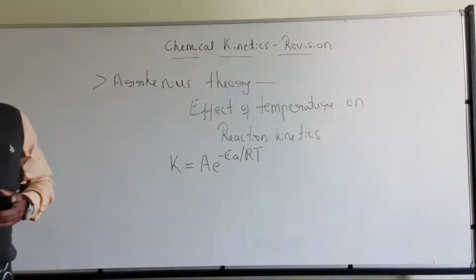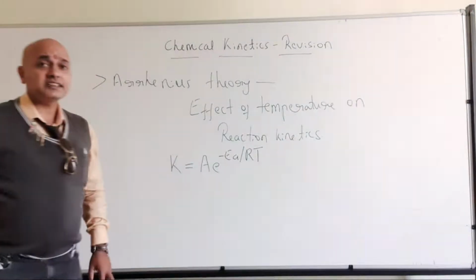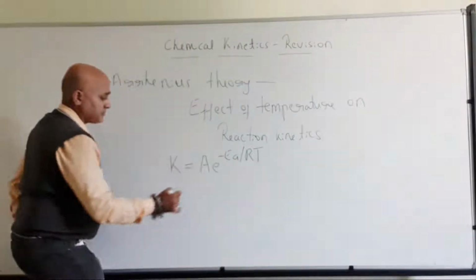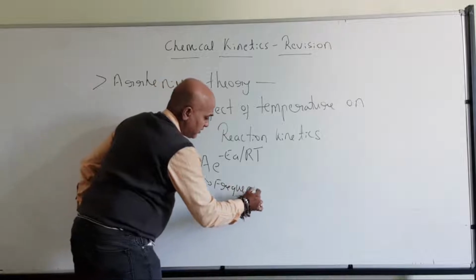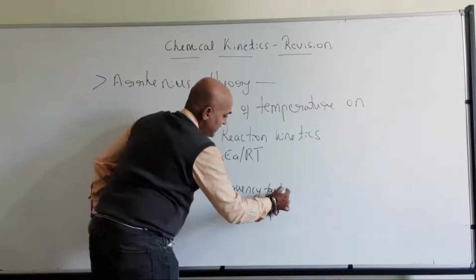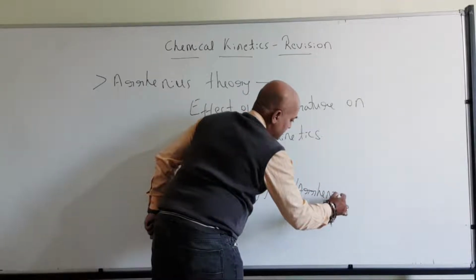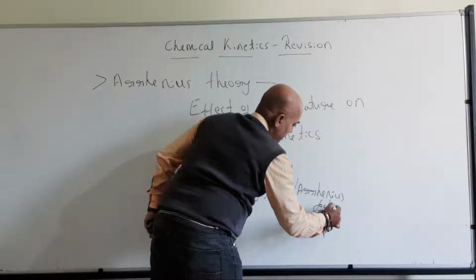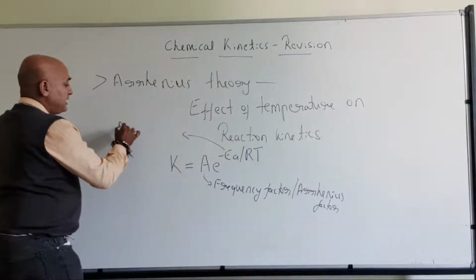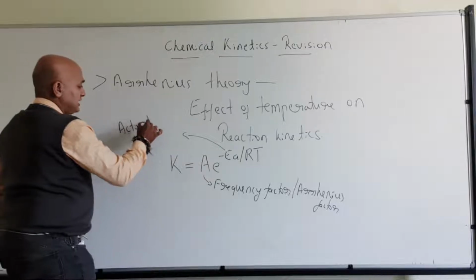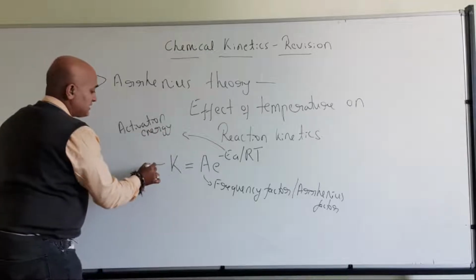So this is the Arrhenius equation. What is A here? A is nothing but the Arrhenius factor or frequency factor. What do you mean by Ea here? Ea is nothing but activation energy. What is k here?